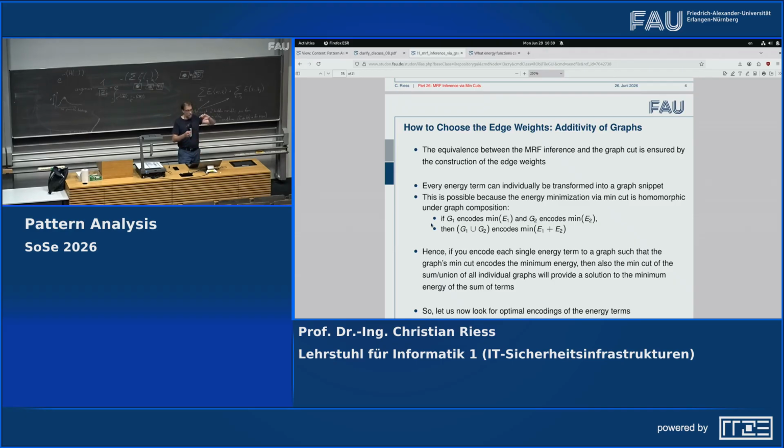So this construction idea that the solution of the whole graph can be found by thinking about solutions for every single one of these terms and then just adding them together, this is really what makes it possible to craft this graph cut solution. Okay.